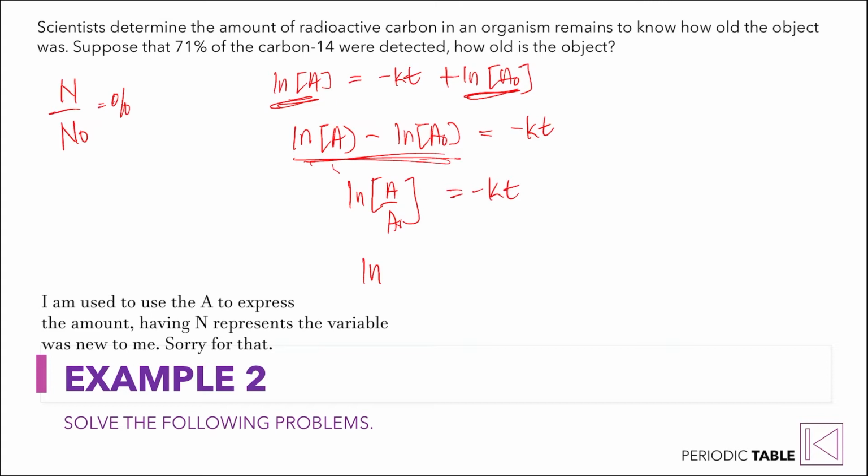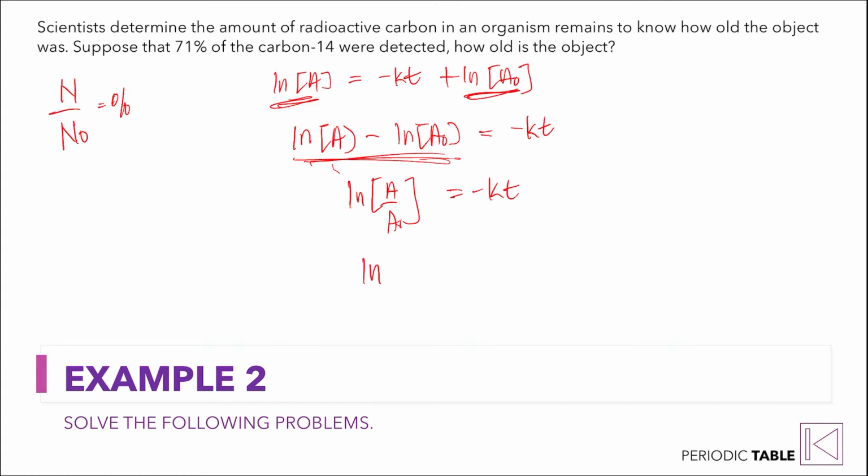I used A, but supposedly this A is N. So, let's convert na lang natin yung mga A into N. So, ln N over N naught, that is ln of 0.71 dahil binigyan tayo ng 71%, diba?